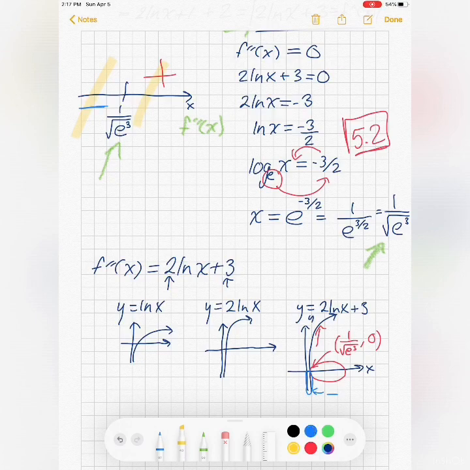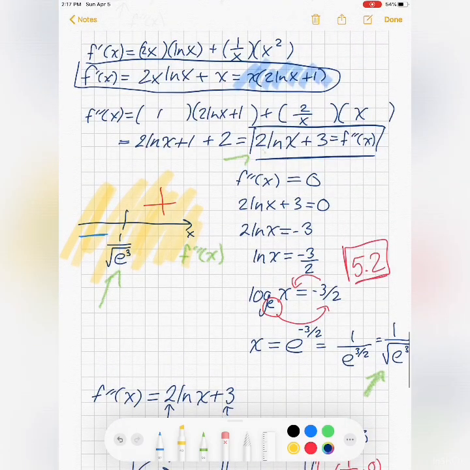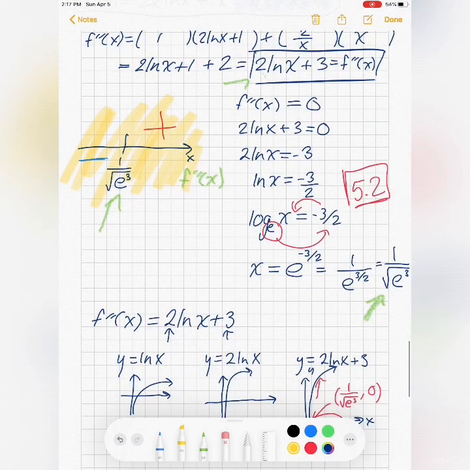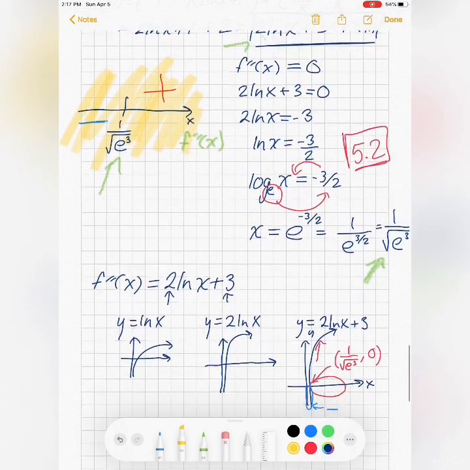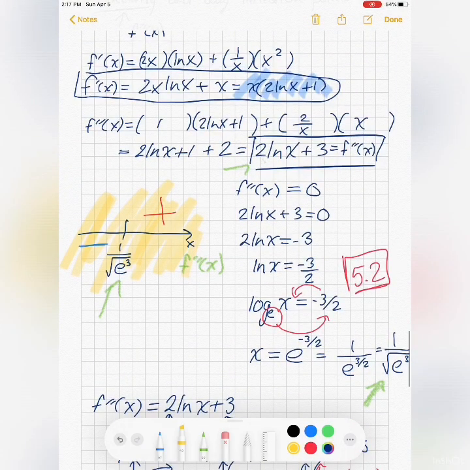So look back up here. Can't I make a conclusion already? I should be able to write out a conclusion then. Let's clean this up a little bit.